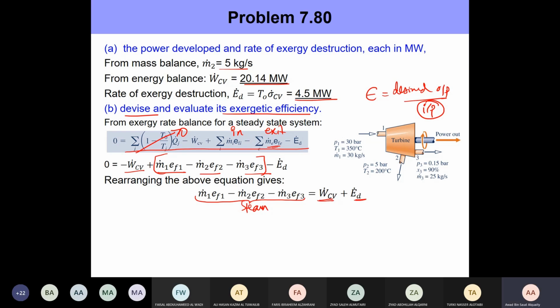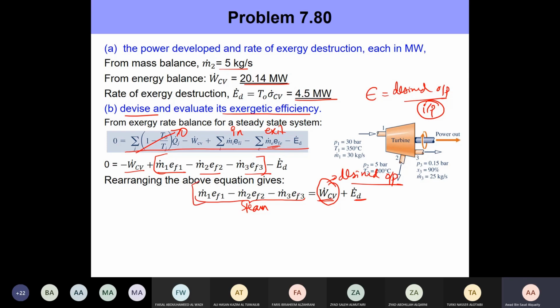Now, in this particular example for a turbine, the main reason why we build a turbine is because we want to get some power output out of it, right? The work done or the rate of work is our desired output. But at the same time, we need to provide some input to it. And in a turbine, the input is basically the steam or the working fluid coming in at a high enthalpy and high exergy.